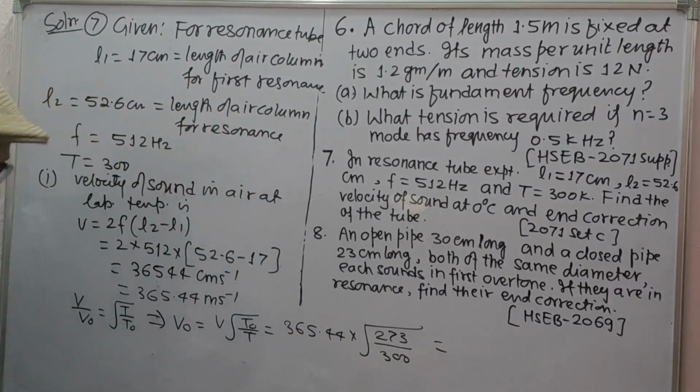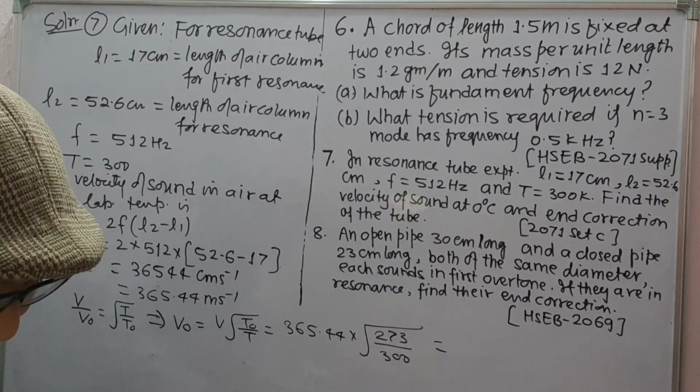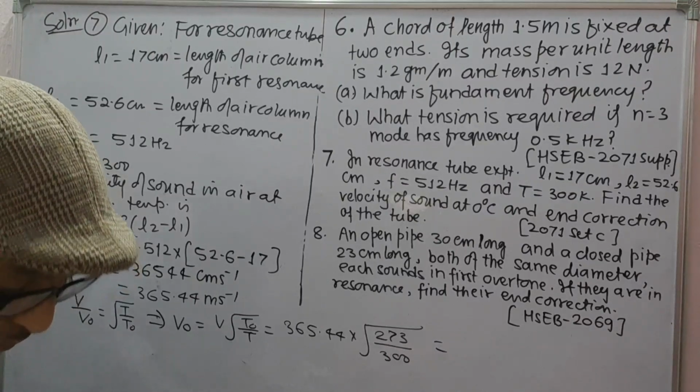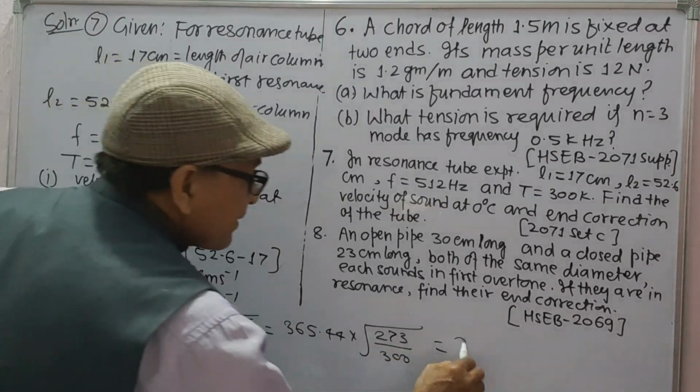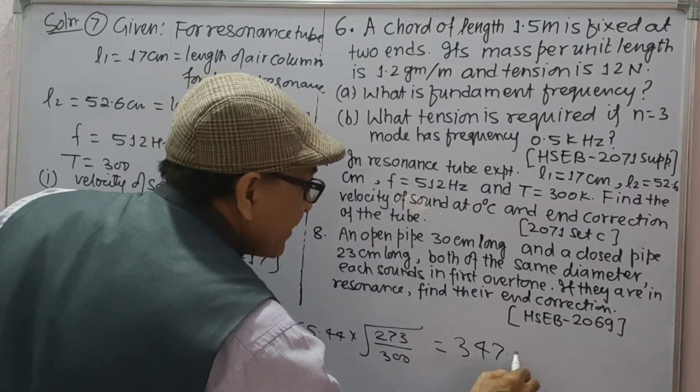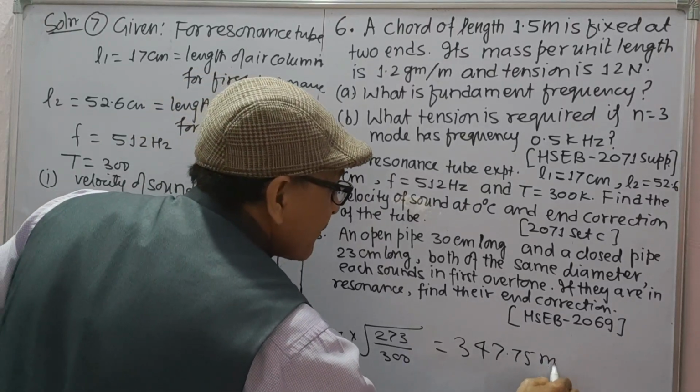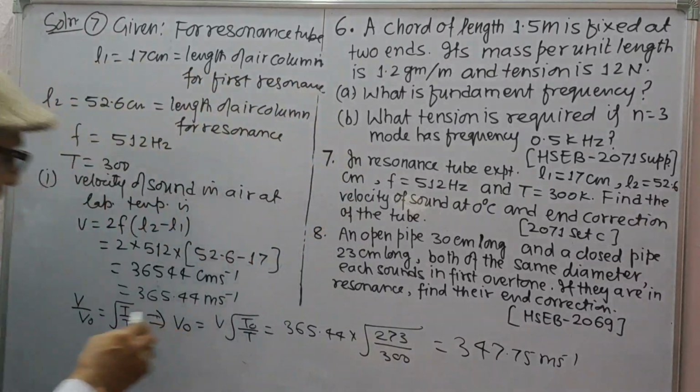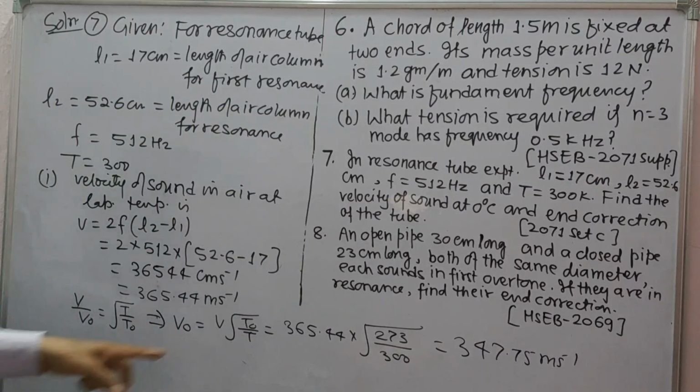On simplification we get V naught as 347.75 meter per second. This is velocity of sound in air at 0 degrees Celsius.